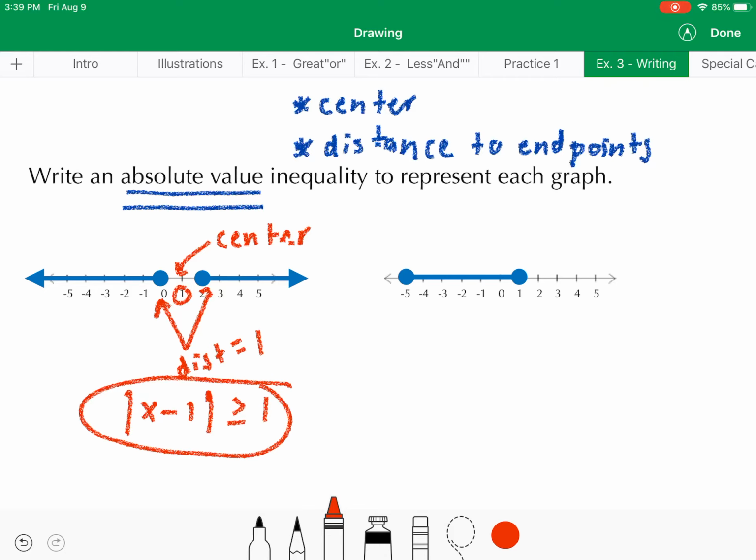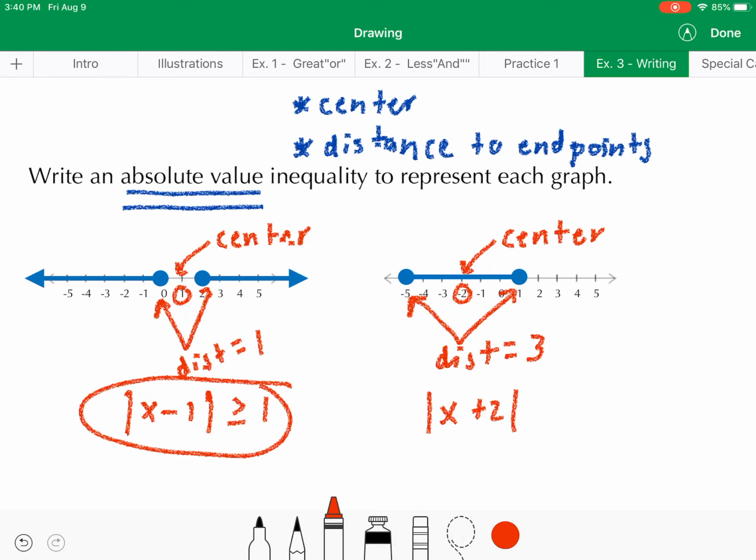All right, on the next one, our center is at -2. And then the distance from these endpoints to the center is 3 units. So we'll have to have the absolute value of x minus -2, or x plus 2.